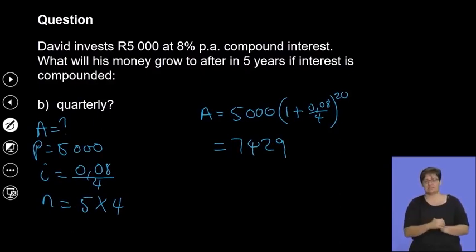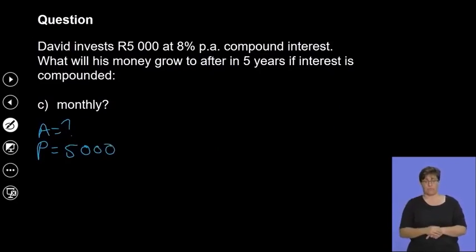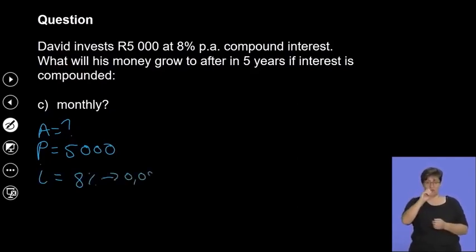Let's look at the last one now. The last one is compounded monthly, so that means A is still a question mark, but our P is still the 5,000. The only thing that changes will be the I, which means it's going to be 8% compounded monthly. So 8% means it's 0.08 divided by 12.